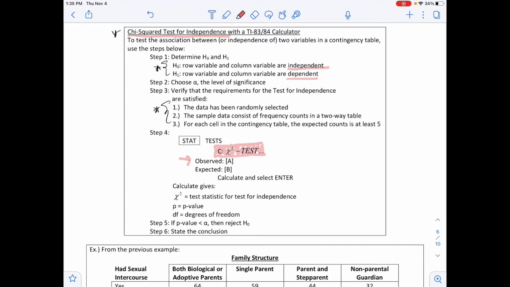Observed is matrix A, expected is matrix B like we saw earlier, and then calculate, select enter. We are going to get chi-squared, which is our test statistic, and P, which is our p-value, and then also DF, which is our degrees of freedom, which is going to be rows minus 1 and columns minus 1 multiplied together. And then step 5 is if the p-value is less than alpha, then we reject H naught, and then we're going to state our conclusion.